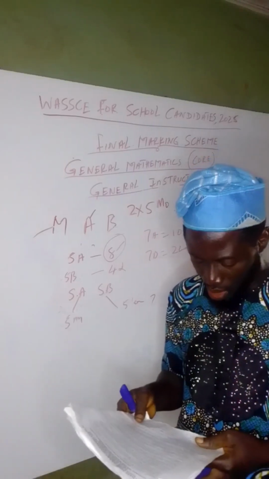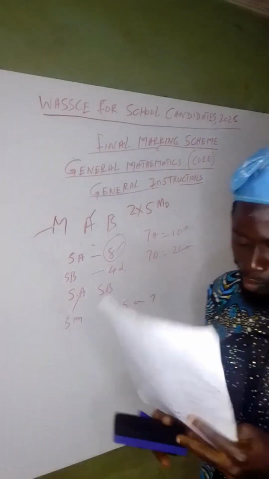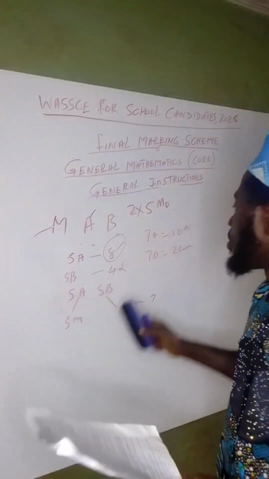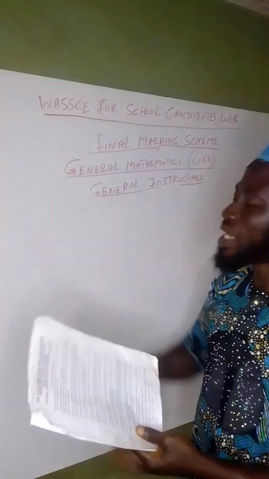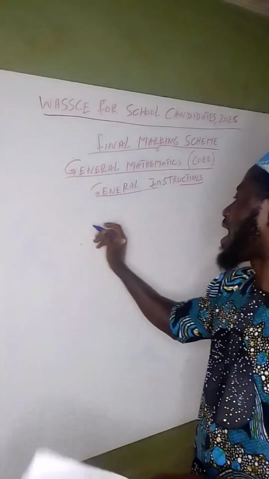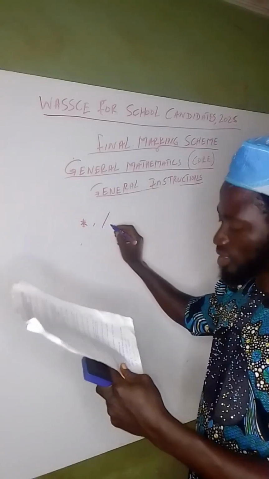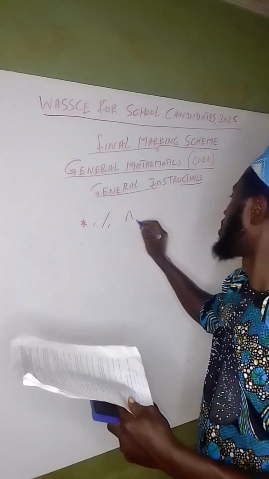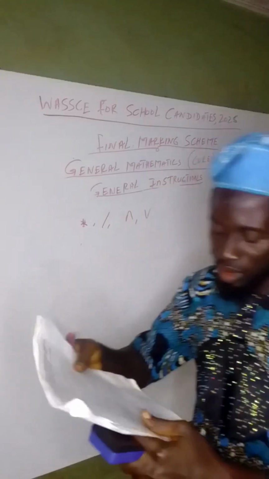Instruction 11. Candidates who use non-mathematical symbols such as asterisk or slash must be scored 0 in such questions unless required by the question.